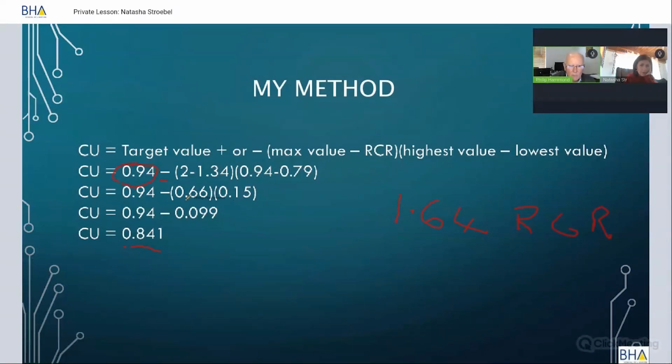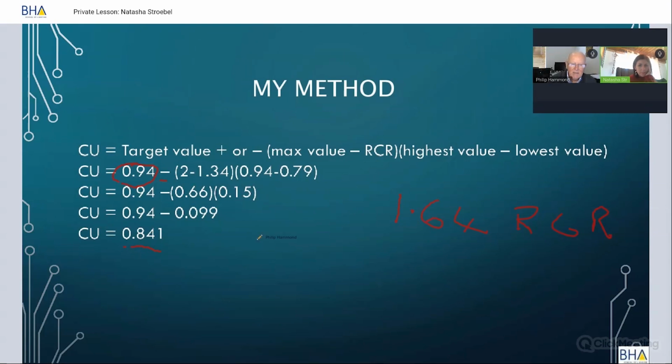So that figure will be different, and that will be the same. This will all just be 0.79 plus whatever this result is here. And in this situation, your RCR is 1.34.